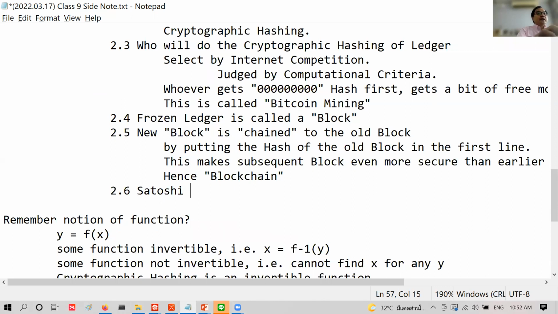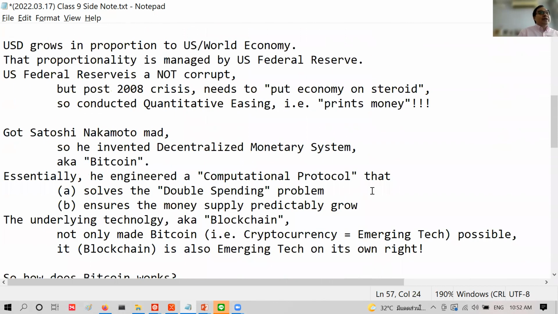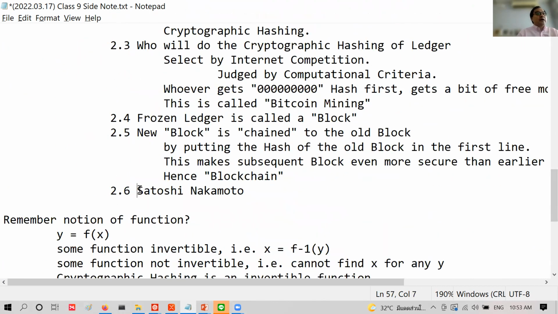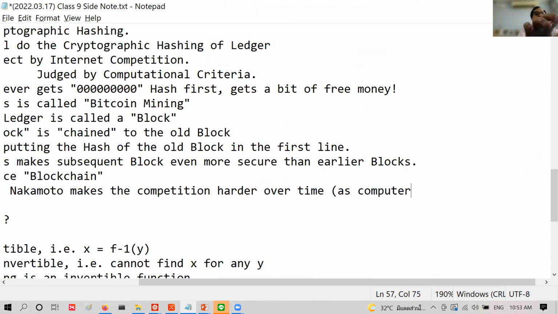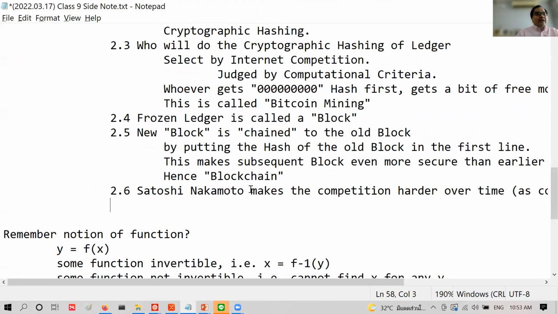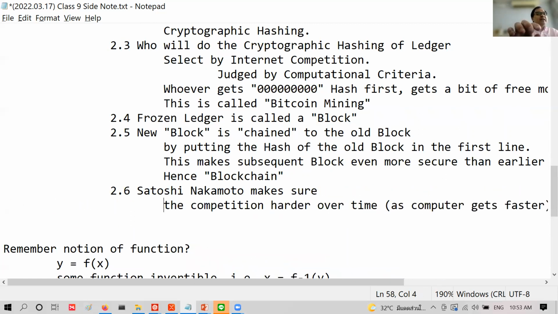Satoshi. Okay, what did he do? Satoshi Nakamoto makes the problem competition harder over time as computers get faster. He makes sure of two things.